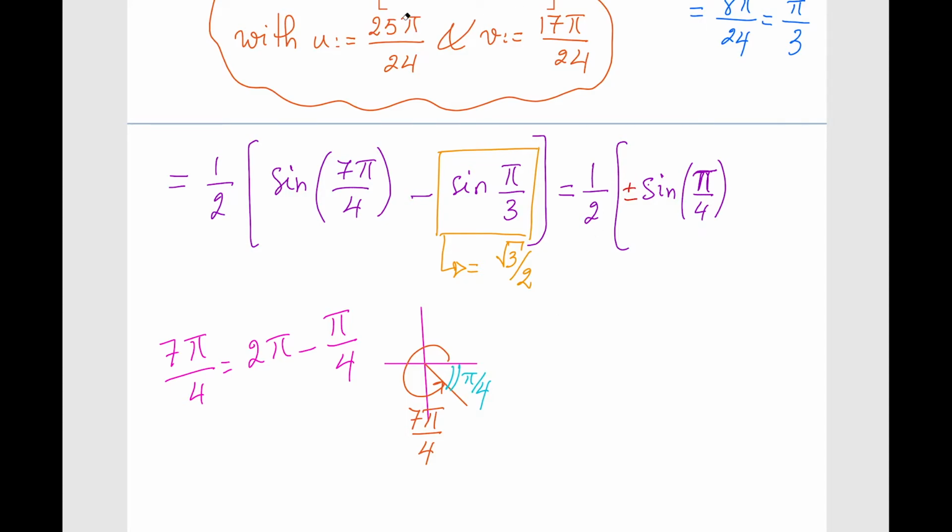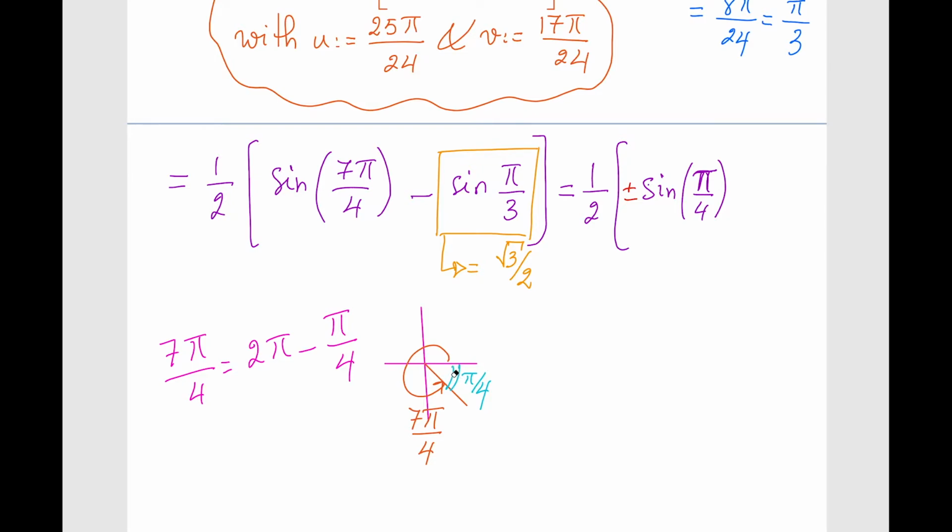One more time. A trig function acting on an angle is equal to plus or minus, to be determined, the same trig function, in this case sine, acting on the reference angle, which is pi over 4. Remember, the reference angle is the acute angle between the terminal side and the horizontal axis.